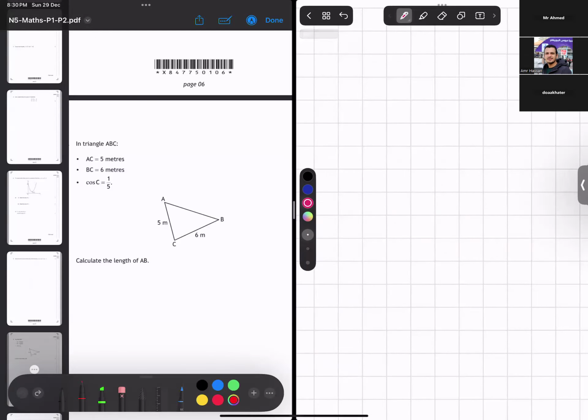Okay. How can I figure out this one? I don't know this one.